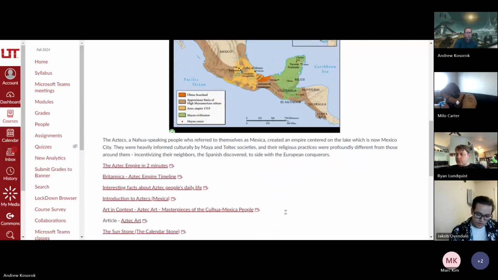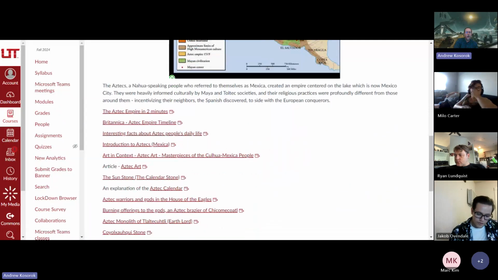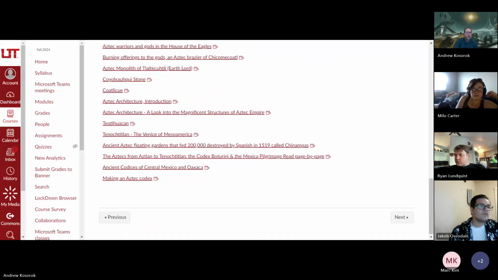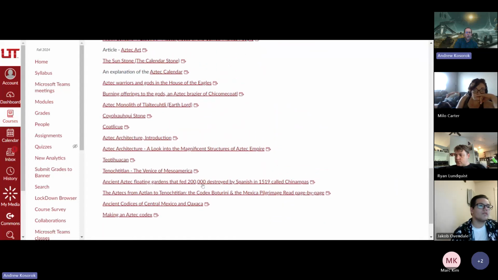Their artwork. I wanted to show something that I think is absolutely amazing. One of the things that they did that is astounding is they built a divine city in a place that nobody else could build in.